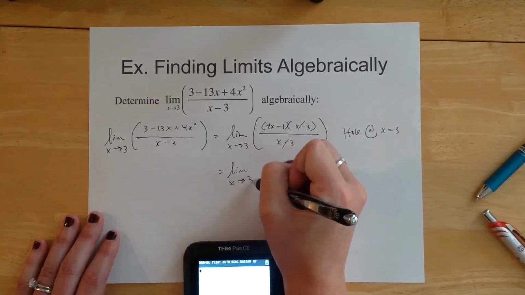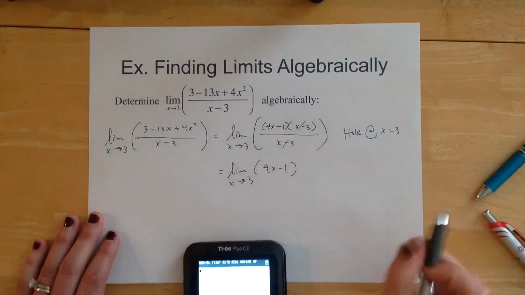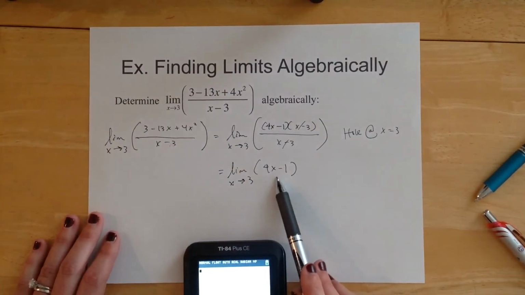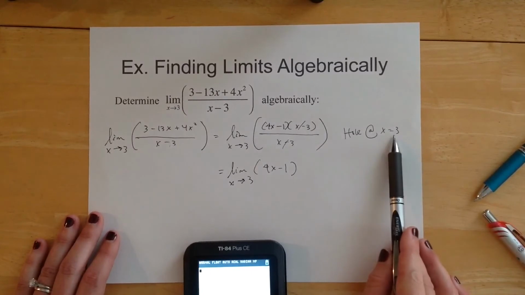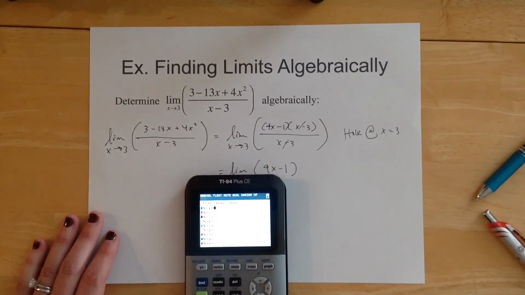So now we can take the limit as x approaches 3 of 4x minus 1. So that means that this graph looks like the line 4x minus 1, but there's just a hole at x equals 3. We'd see that if we graph it.